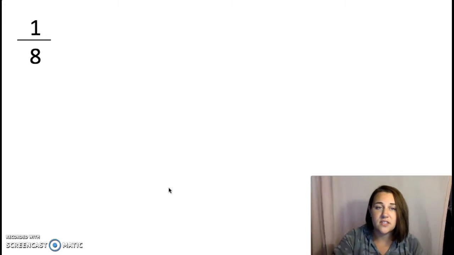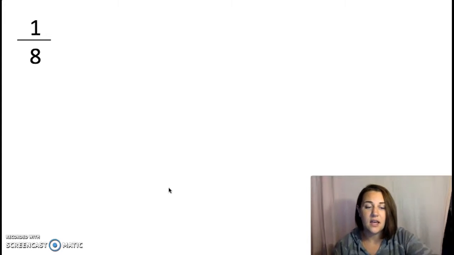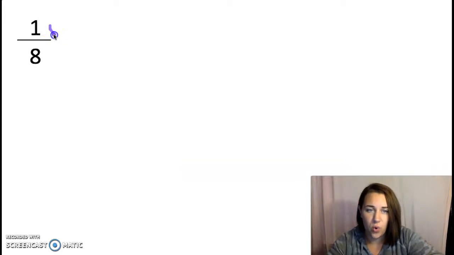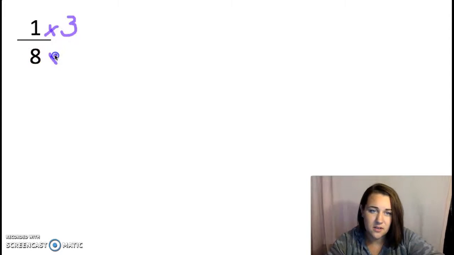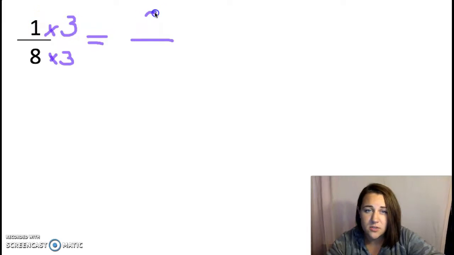All right, so let's see if I do the next one. We have 1 out of 8 here. Again, I'm going to pick 3. So I do 1 times 3. And then I have to do 8 times 3, because whatever I do to the top, I have to do to the bottom. Simple. 1 times any number is that same number, so 1 times 3 is going to equal 3. And then I do the same down here. I do 8 times 3.